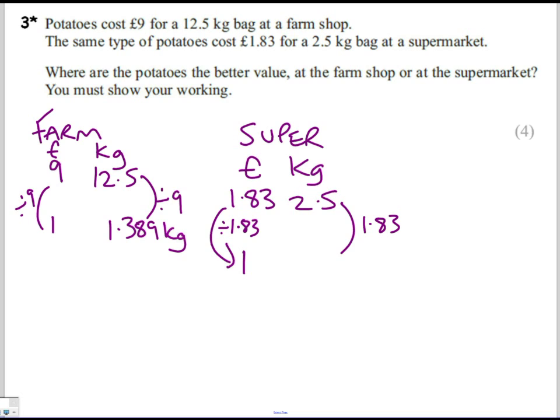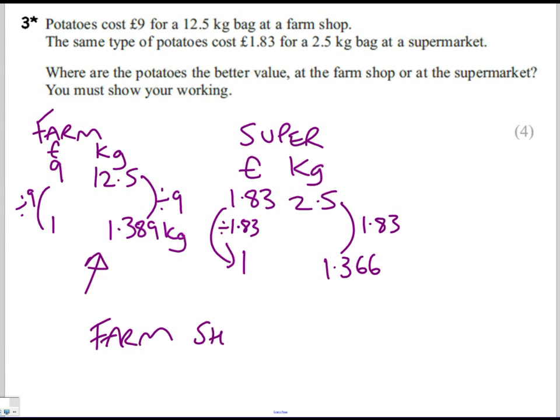So 2.5 divided by 1.83 equals 1.366. So £1 buys you more at the farm shop. You would write down the farm shop as £1 buys more.